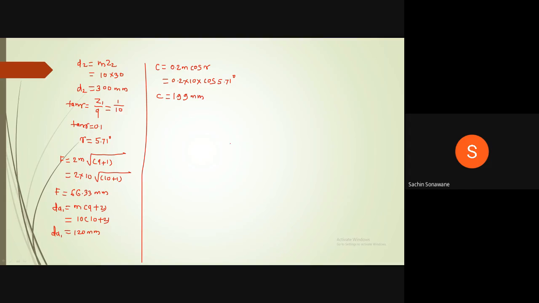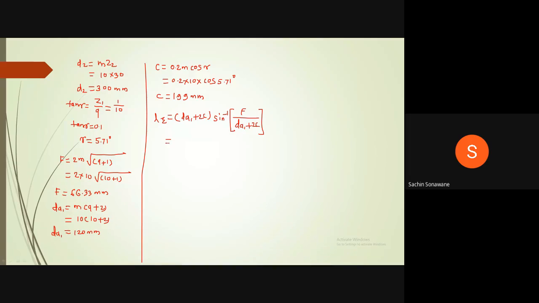Now we have to find the LR value. LR is equal to DA1 plus 2C into sine inverse of F divided by DA1 plus 2C.